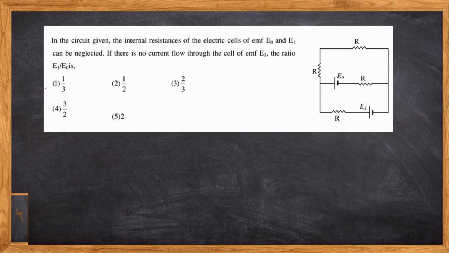Let's try it now. As usual, I suggest you try the question first, and then let's go through the answer. Now in the question they are telling us there is no current flow through the cell E1. So the current through this is 0. That means we know the E1 cell will try to send a certain current in this direction.